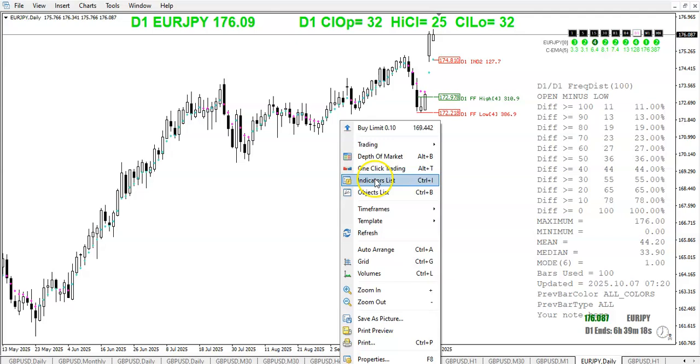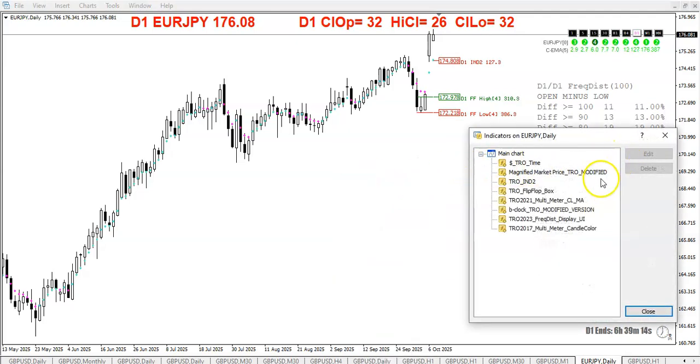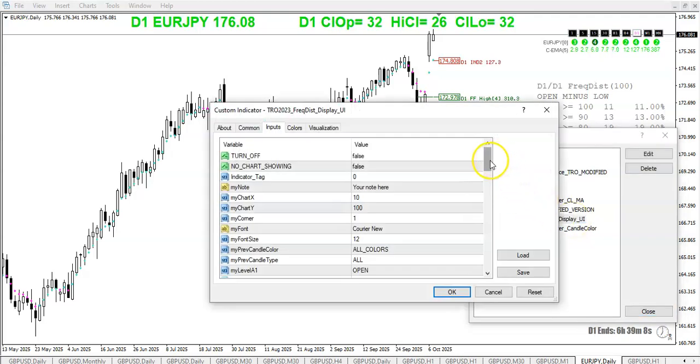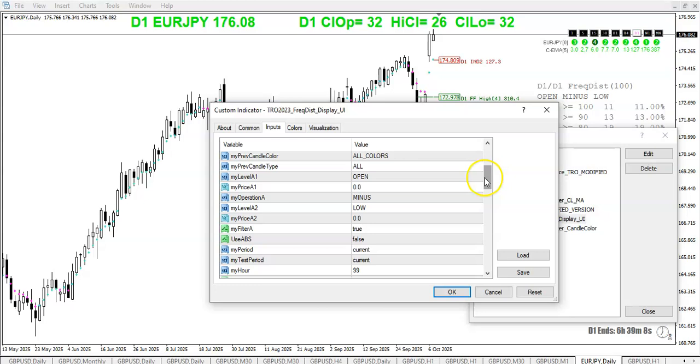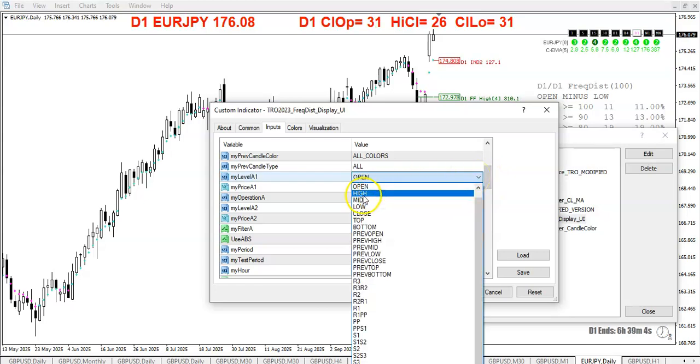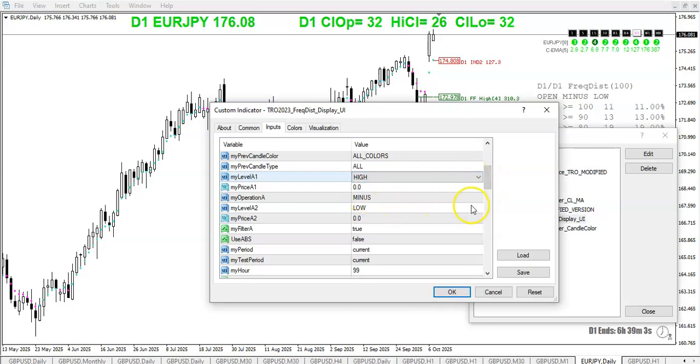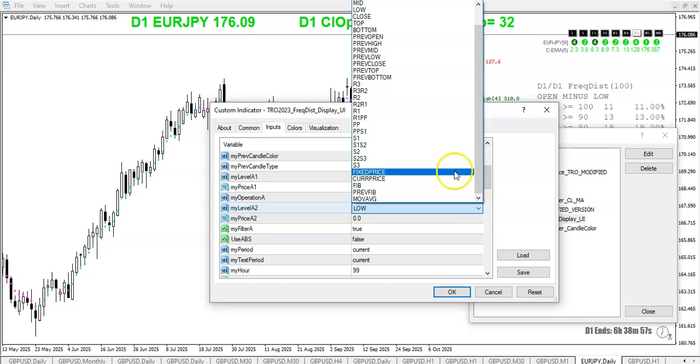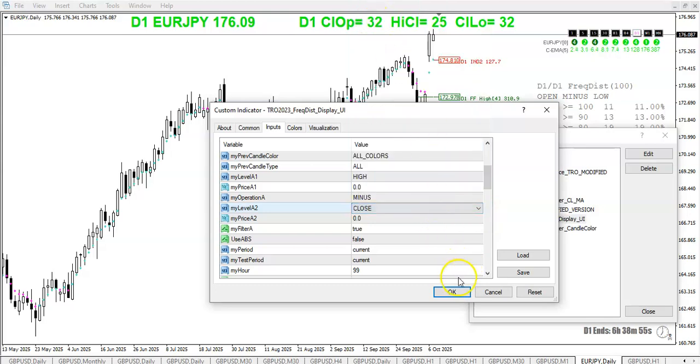Now, we can also look at reversals. You want to look at high minus the close.